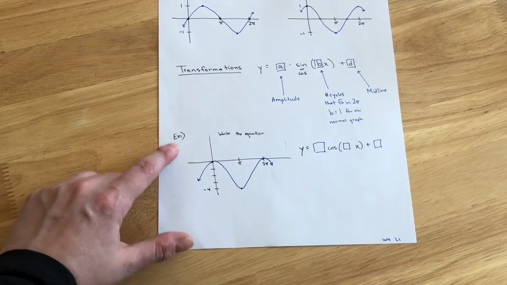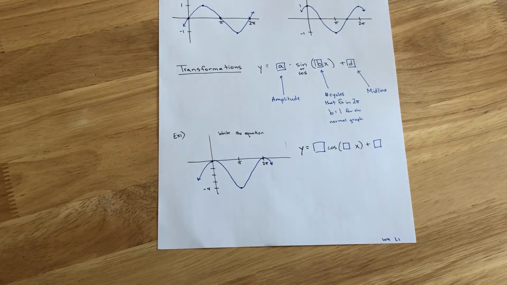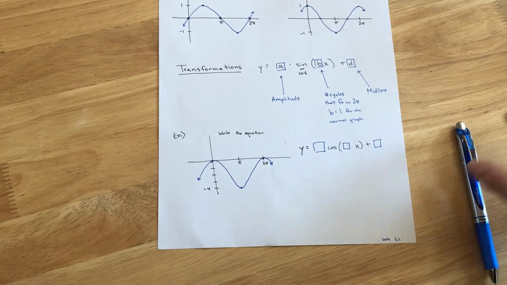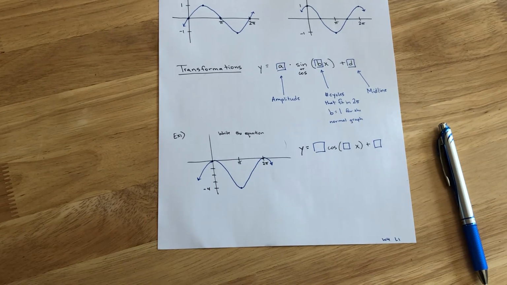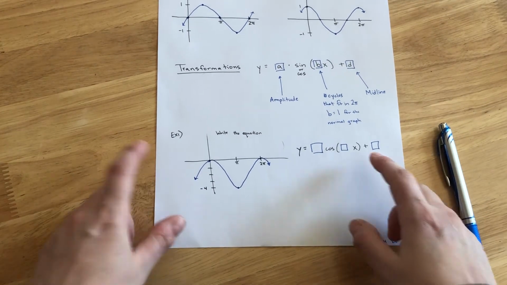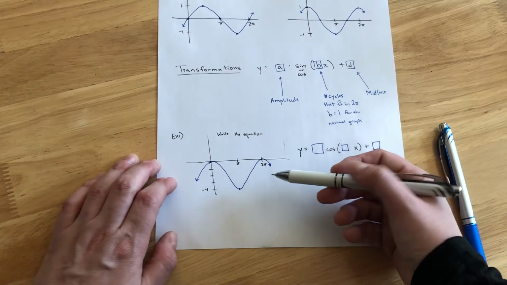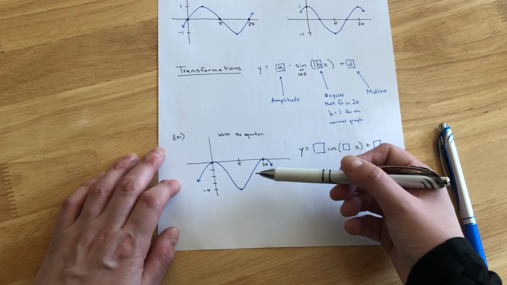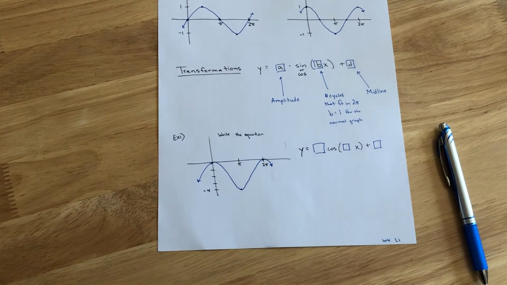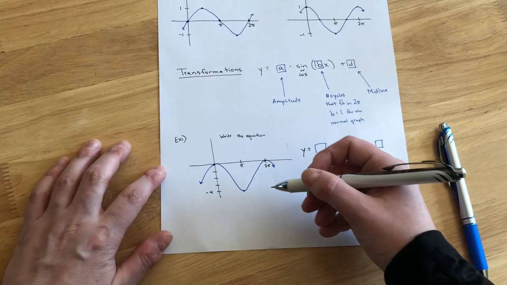So when you hit Delta Math, it's going to walk you through writing equations for different graphs that you're looking at. So the three parameters, we need to identify the midline, the amplitude, and then like I said, b is equal to 1 today, no matter what. So on example 1 here, if we're looking for that midline, you can work on eyeballing it, trying to figure out where it is, or you can utilize the formula that we had in last week's lesson.